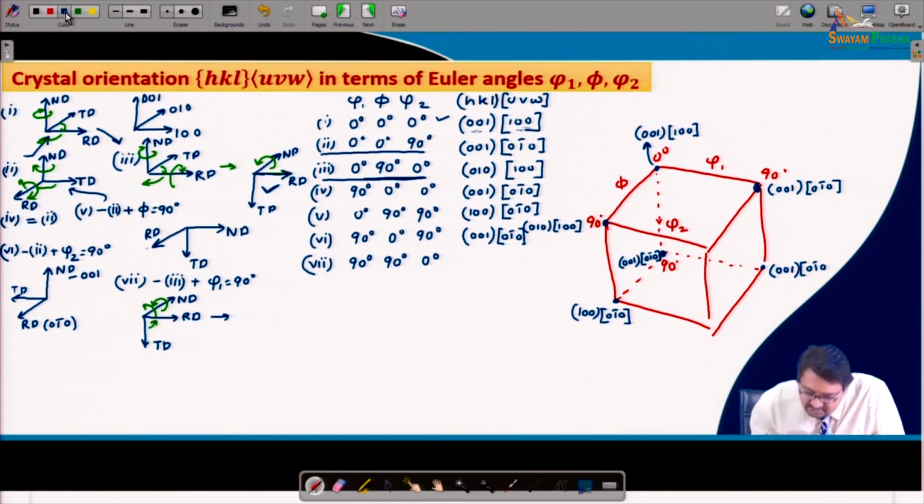So, this looks like ND will be the same and RD above and TD here.